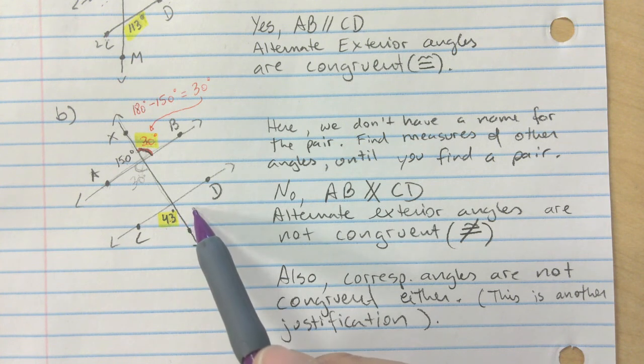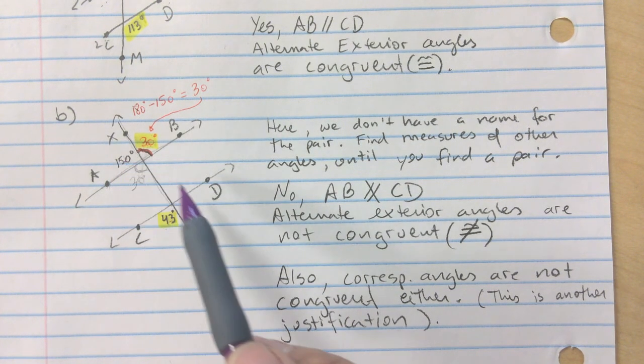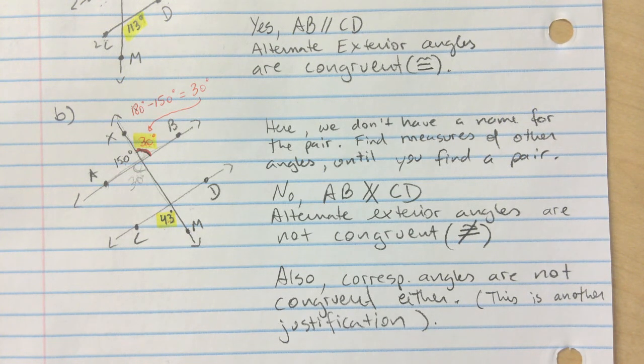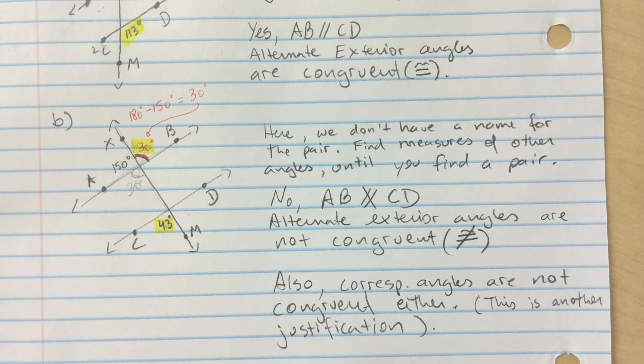This would have been 137, and then you're like, hey, wait a minute, alternate exterior angles here are not congruent. So that's completely fine. And some of you will find it frustrating because you want to be able to have a cookie cutter approach that works every time, and I will disappoint you there. Okay, it's just the way this works.